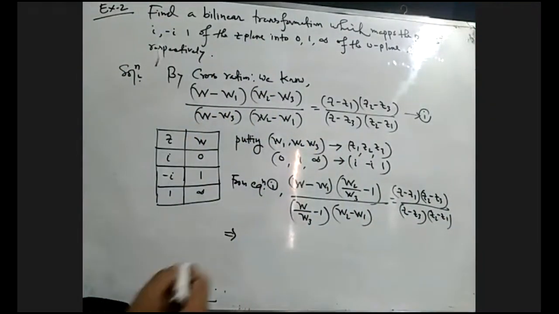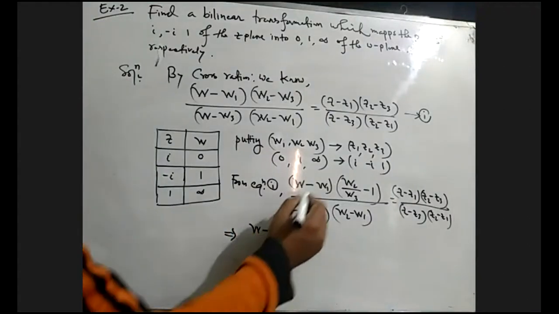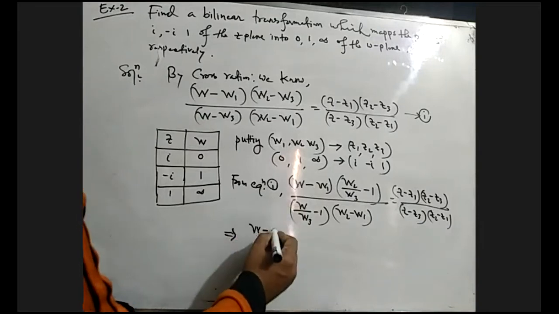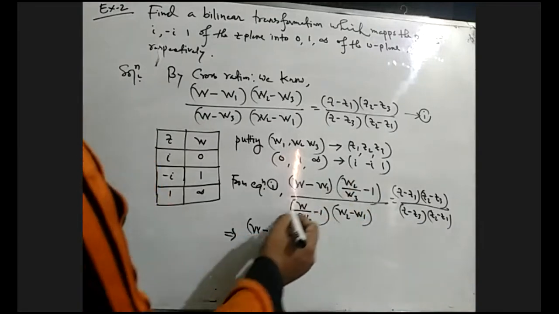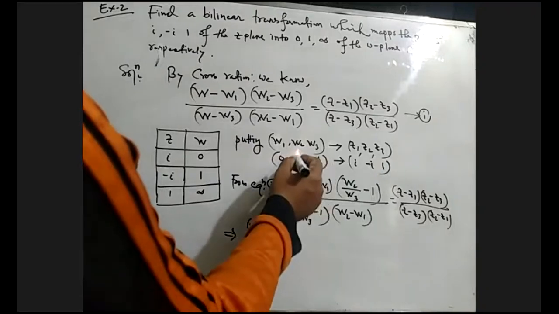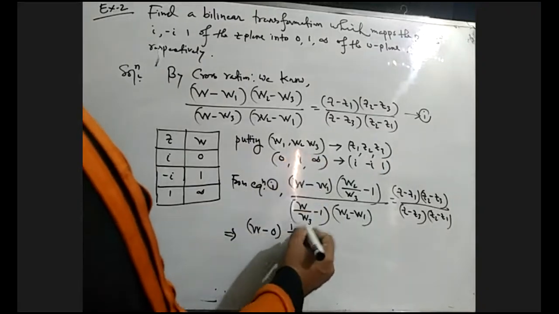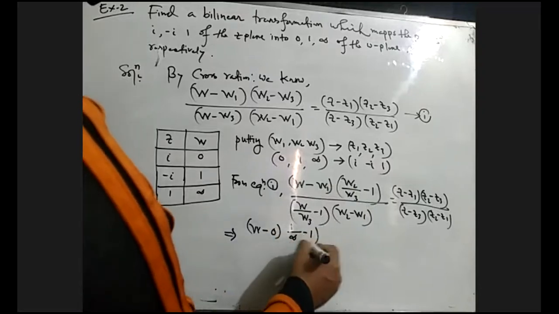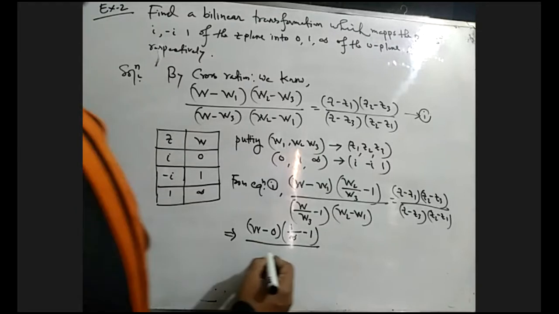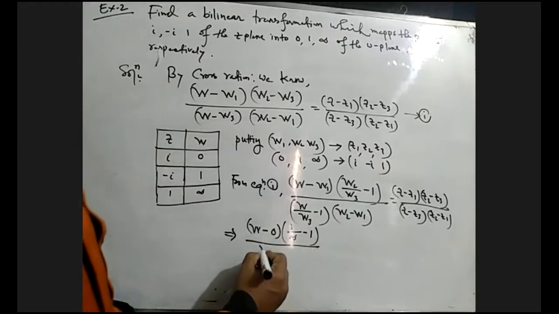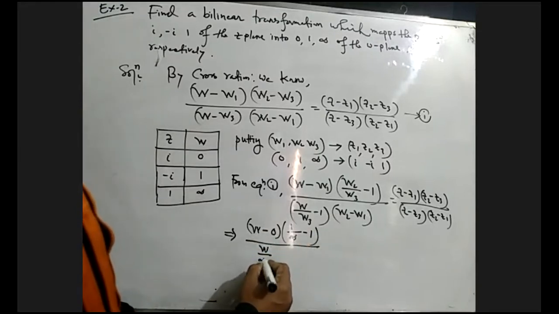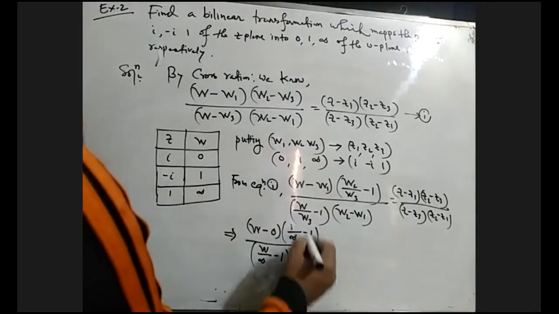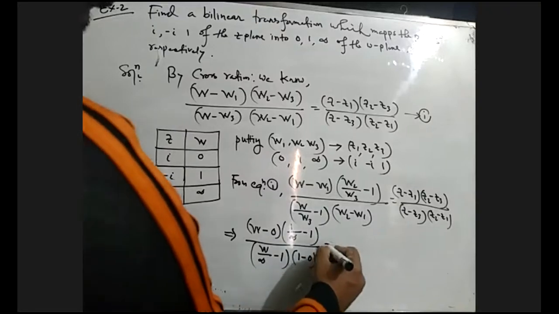Now just putting the values. W1 equals 0, W2 equals 1, and W3 equals infinity.